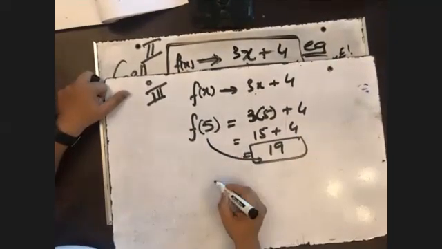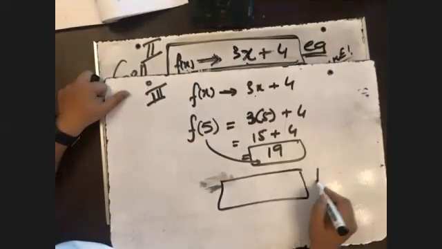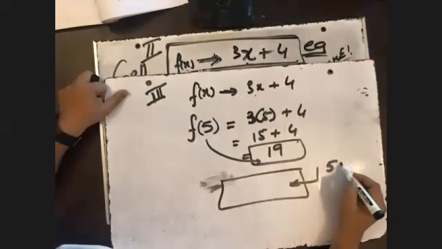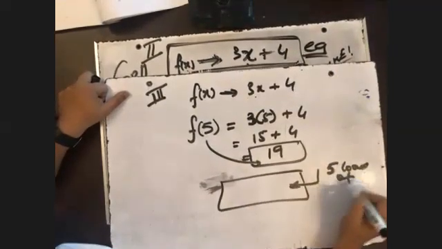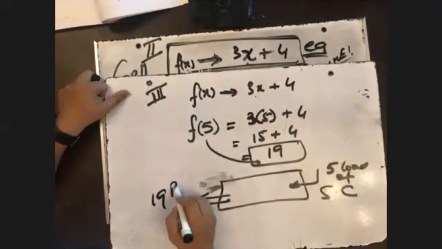So this means that if you go back to the factory and plug in 5 loads of sugar cane, you will end up with 19 packets of sugar.